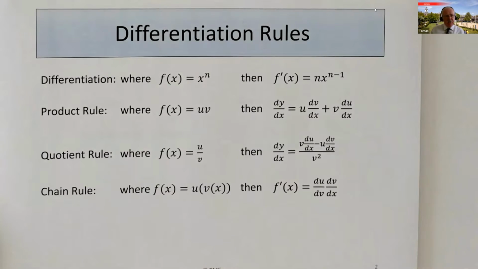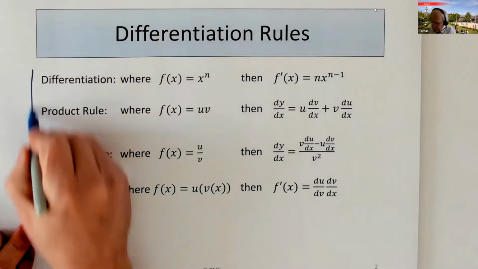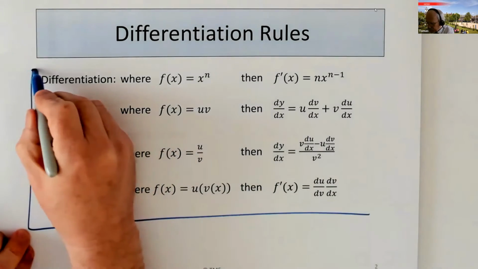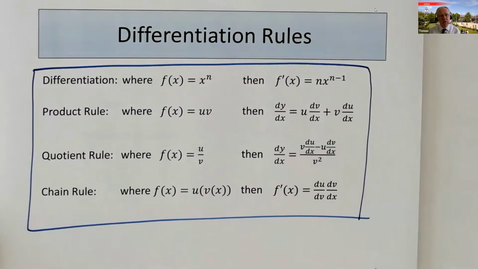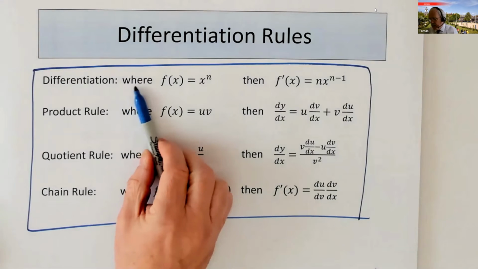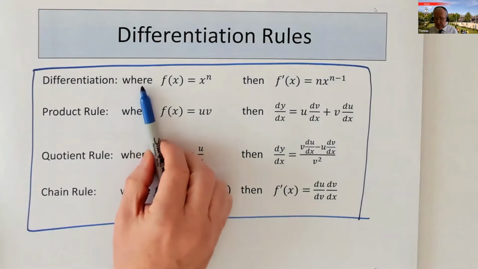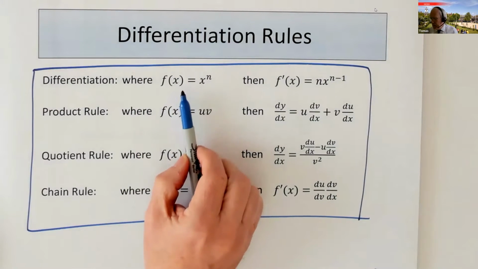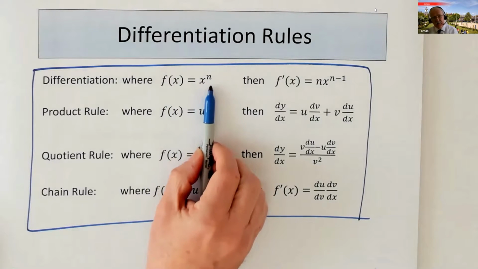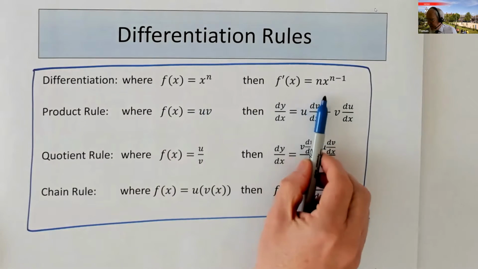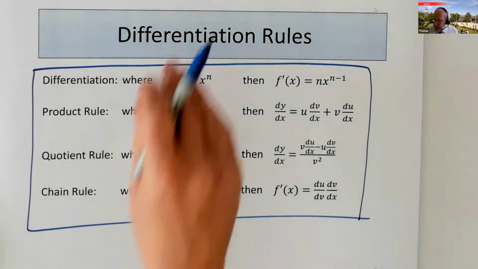This is the first set of tools. I'm looking at the log tables that I can bring in, and when I'm differentiating, the first derivative, if f of x is x to the n, then f dash x is n times x to the n minus 1.